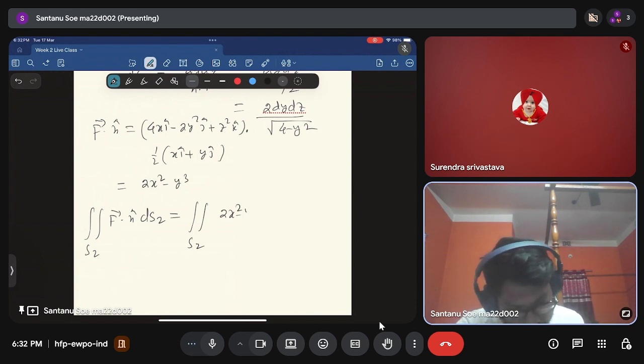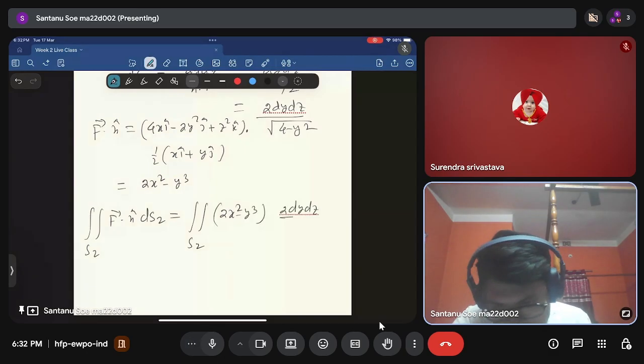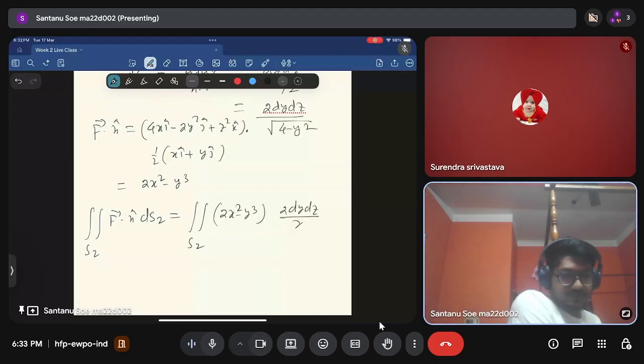Okay, so now here x square plus y square was 4, z equals 0 and z equals 3.